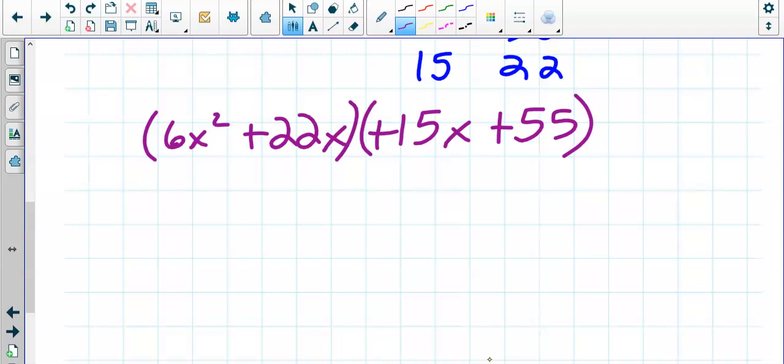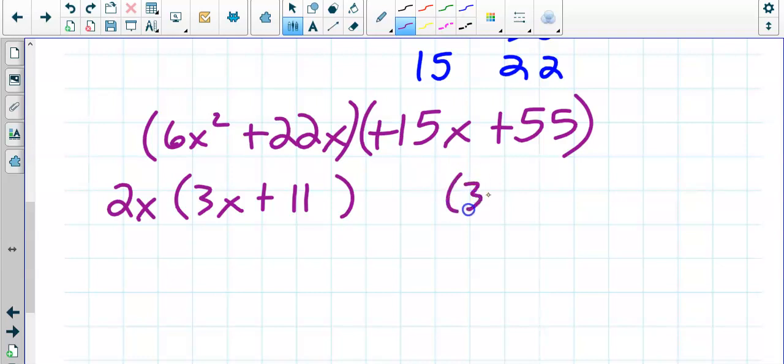So what GCF is going to come out of the first parenthesis? 2x. Okay? And that leaves me with what? And we know that that parenthesis has to repeat. 3x plus 11. So what times 3x will give me 15? A positive 5.